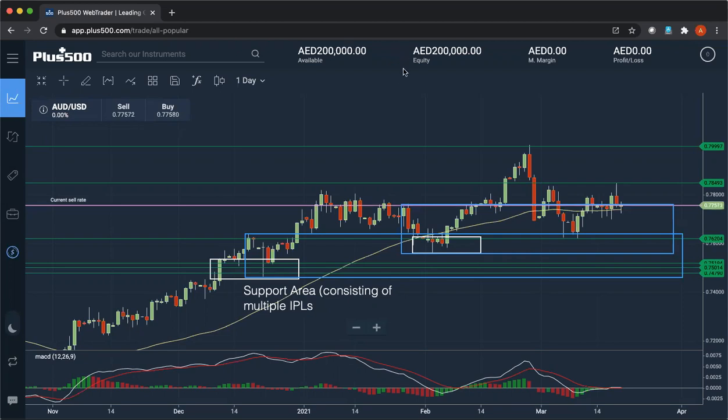The next support area for me is 76,200 and 76,500. This is acting as a support area. So as I said, a support or resistance area can consist of multiple IPLs in higher time frames. This is what we have in the higher time frame.